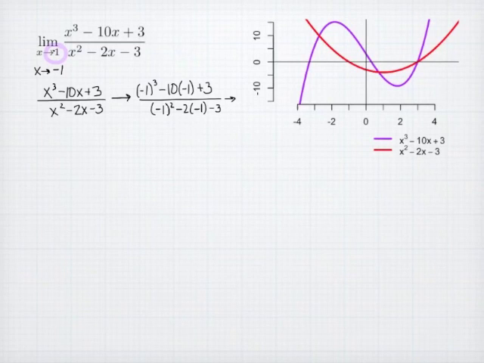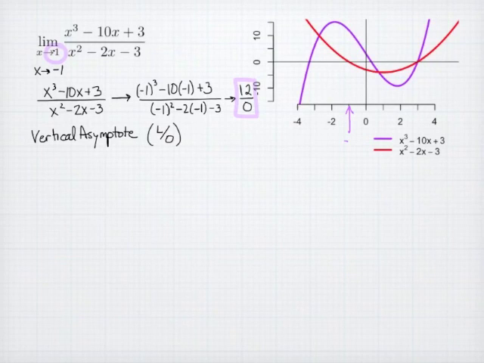On the top, my formula goes to the value 12. On the bottom, my formula goes to the value 0. This is not indeterminate. Because I have a number divided by 0, this is the form of a vertical asymptote. Again, we can see this in the graph. So here's x equals -1.